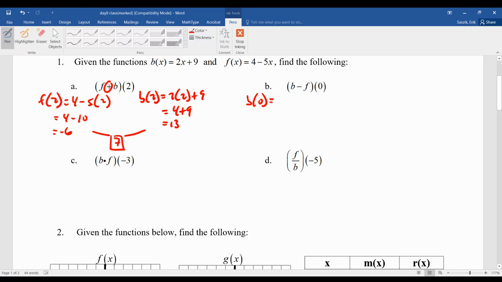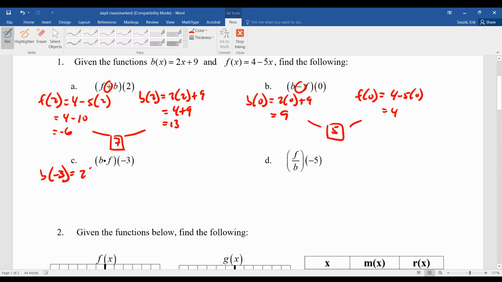B of 0, of course, you can get in the habit of figuring some of these out in your head. F of 0. We're asked to subtract those. 9 minus 4, of course, is 5. B of negative 3.